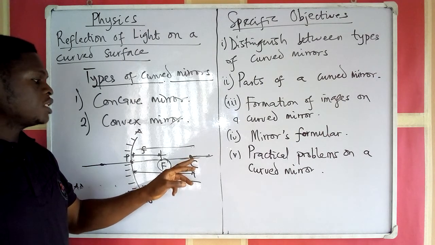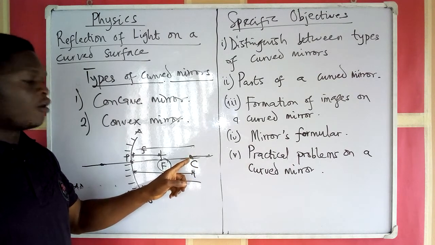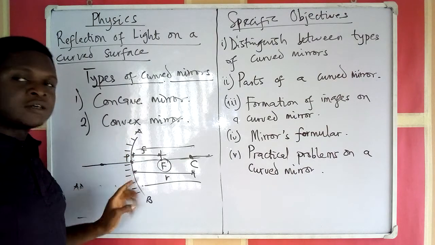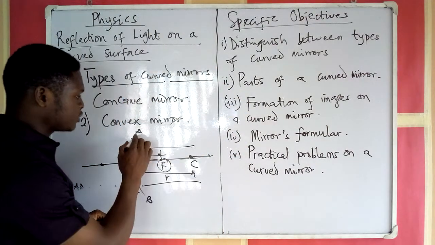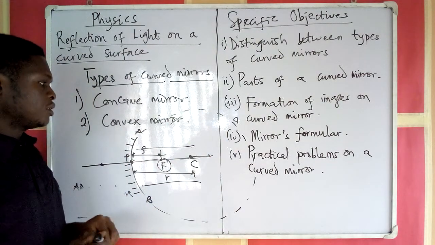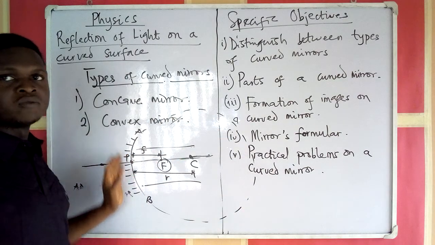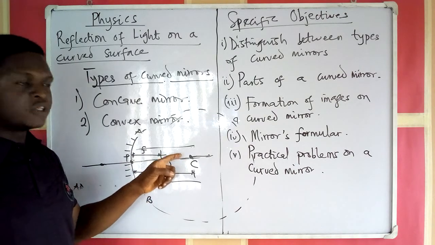Now, the center of curvature here simply means the center of the circle for which this particular mirror itself forms a path. Remember that this particular thing was actually cut out from the circle. So it is the center of the circle for which this portion of the mirror forms a path. That is what we call the center of curvature.